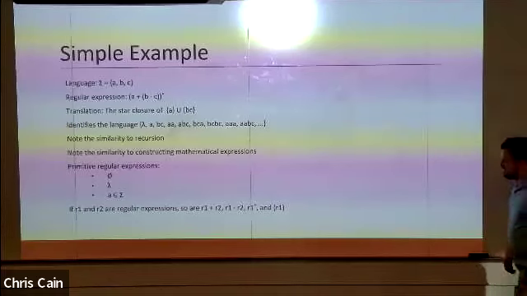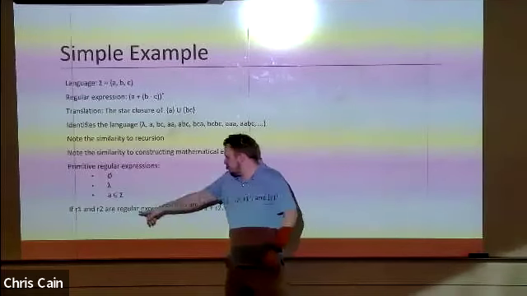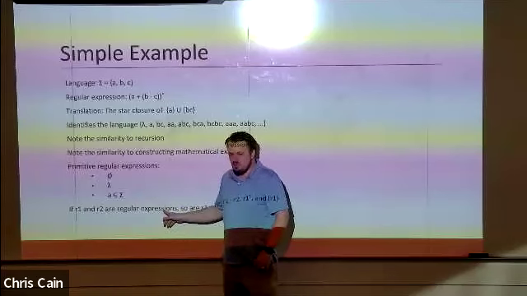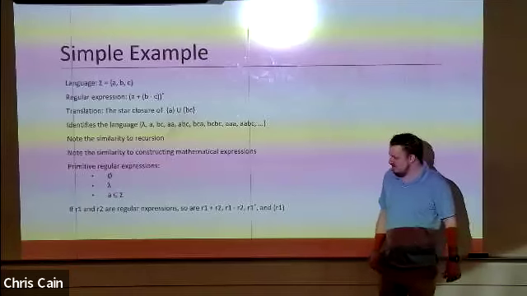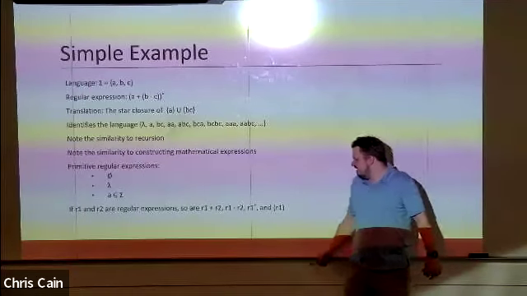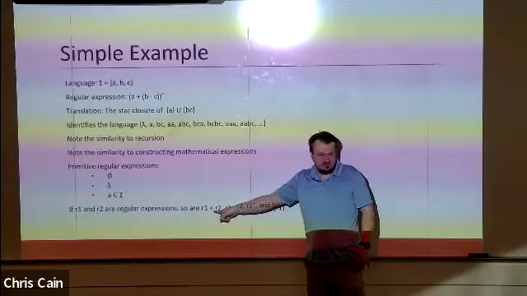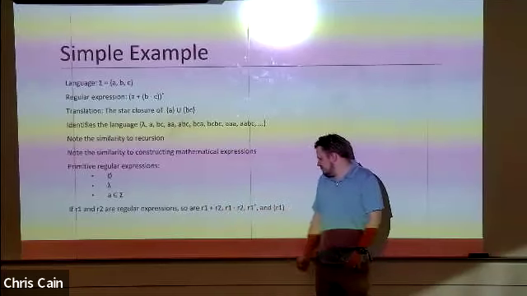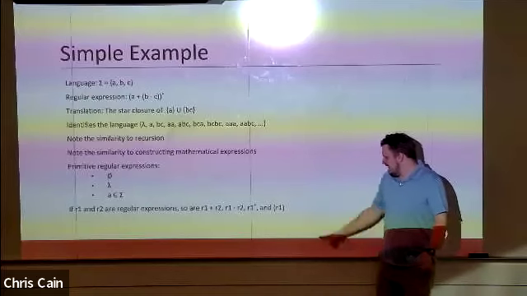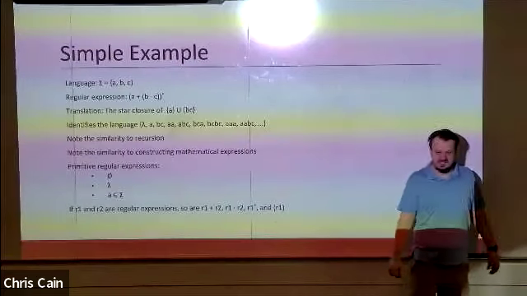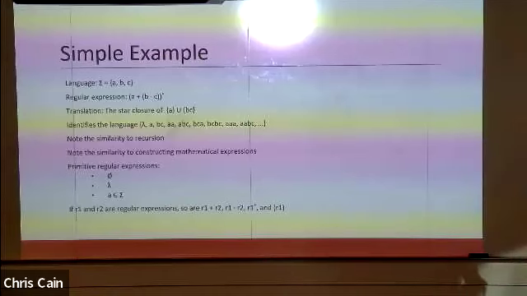Now, we can say that we have R1 and R2, they're regular expressions. We can start with just these primitive regular expressions. Then we can show that regular expressions exist if we union two regular expressions, if we concatenate two regular expressions, if we star closure a regular expression, and if we put parentheses around any regular expression. All of those denote regular expressions.